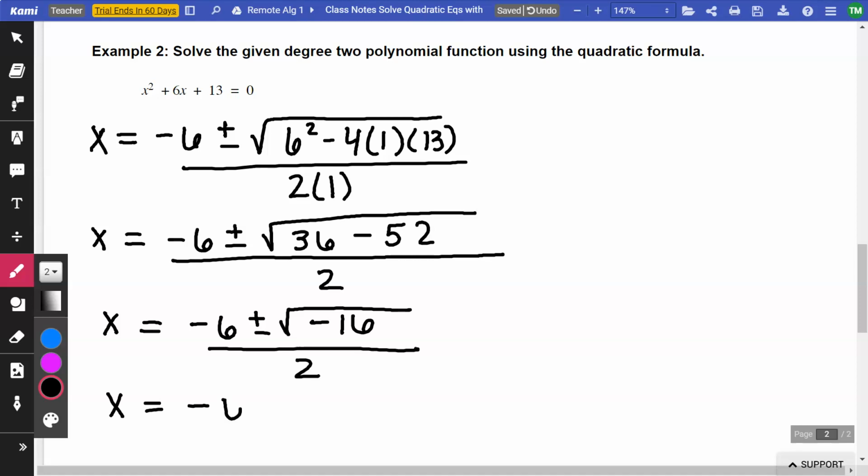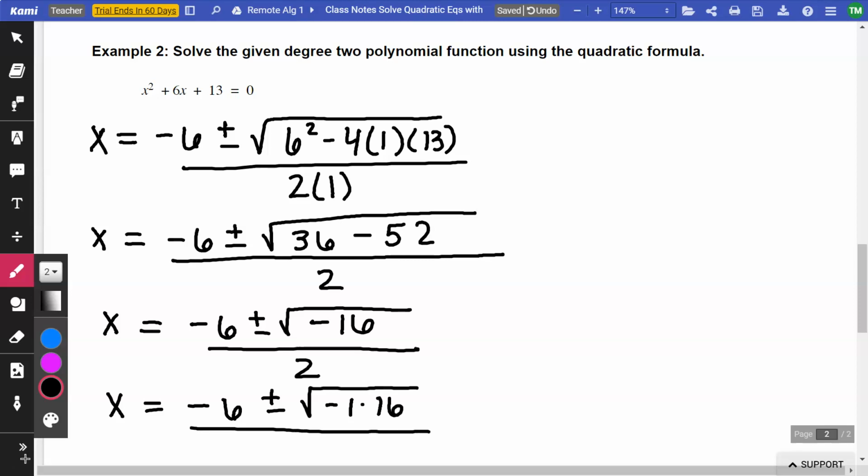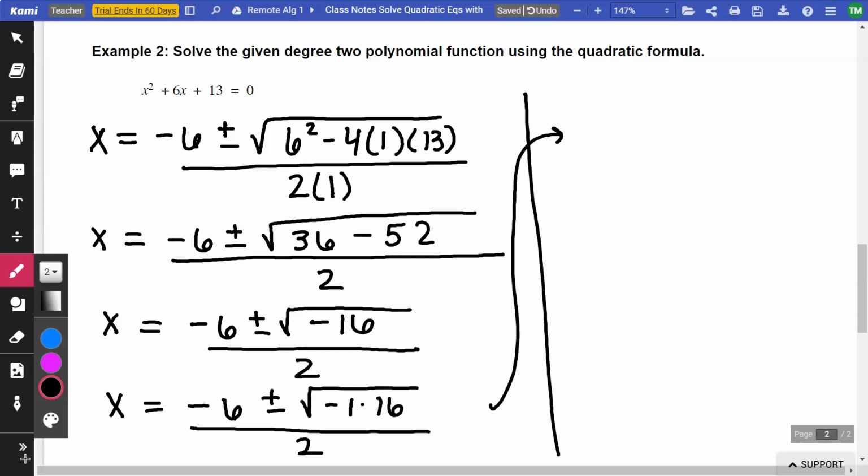x is equal to negative 6 plus or minus the square root. Isn't negative 16 really negative 1 times 16? So we just rewrite it like that, which helps us because then we can replace that negative 1 with what we know negative 1 is equal to. So negative 1 is equal to i squared, all over 2.